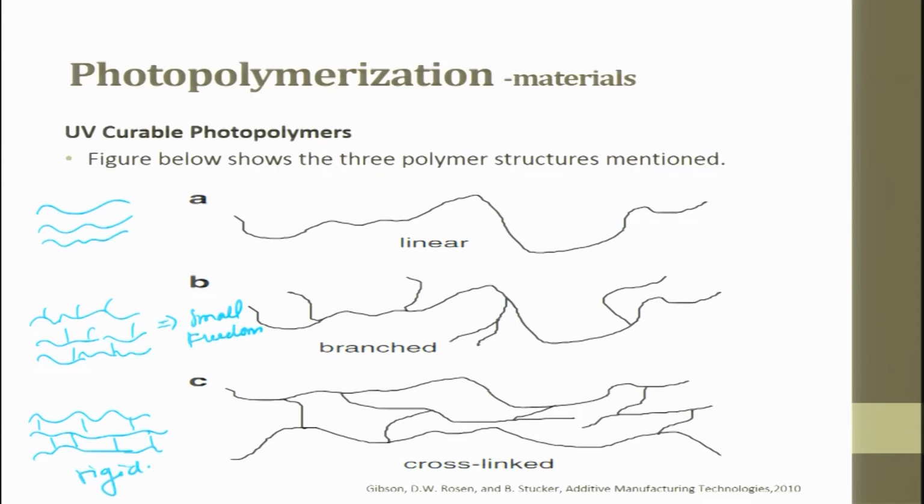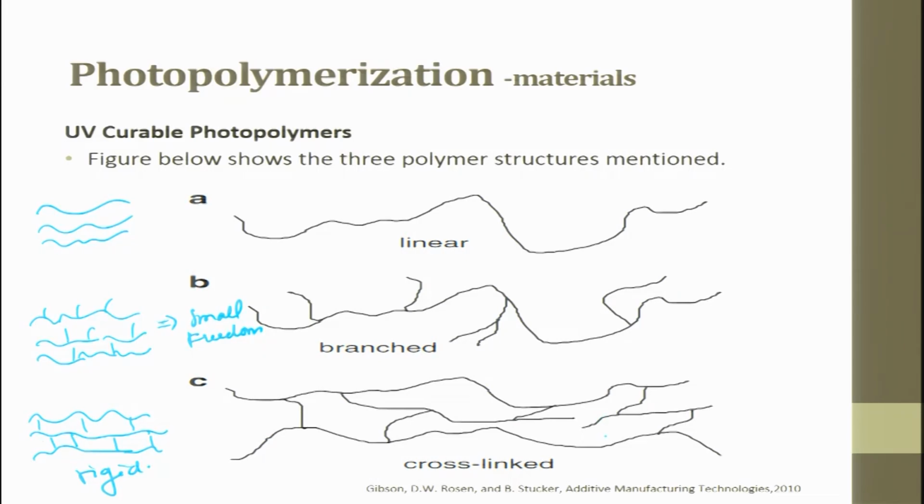Okay. So, when a photopolymer is used, by the exposure of the UV light, when the light hits this photopolymer, what happens is there is a cross link getting formed between the linear chains. This cross link makes the product rigid, and it does not have the freedom of shrinkage.